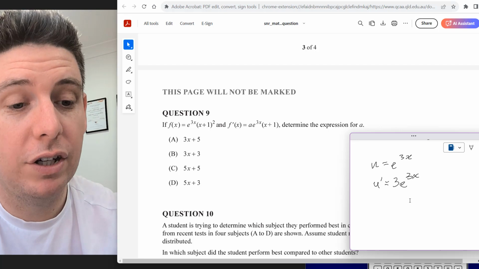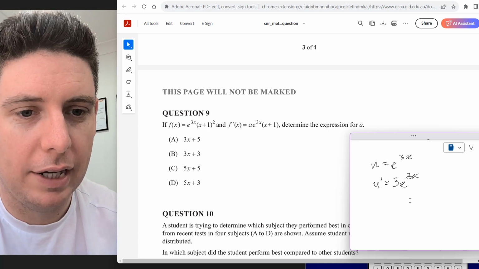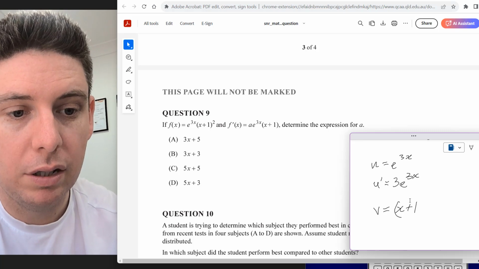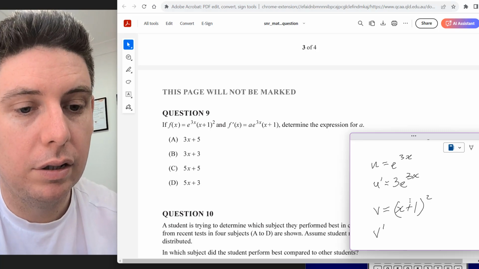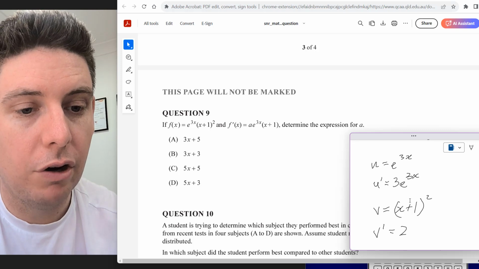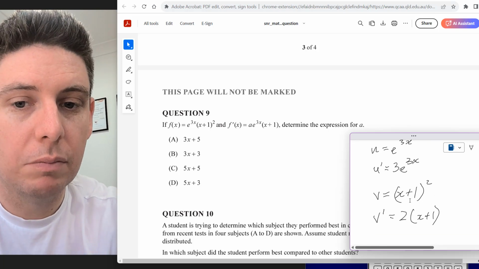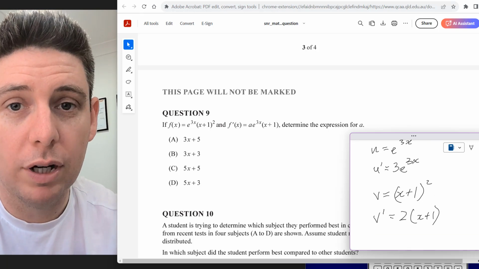So we bring the coefficient of the power out the front for e derivatives. And if we make this one, we know this is 2. There's no coefficient for x, so it's just 2x plus 1. And so we have two products multiplied by each other, so it's the product rule.